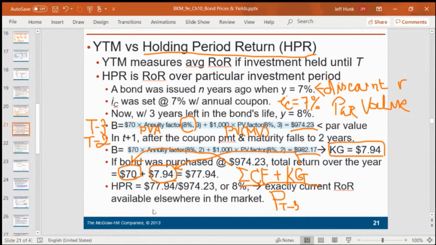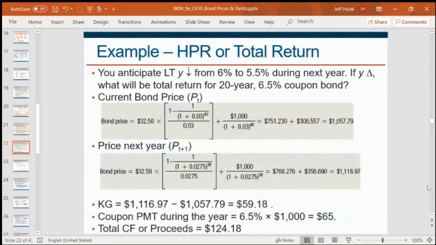If I solve this equation for the price at t minus 2, then you will get exactly 8%. So we use the discount rate, which is the internal rate of return. Obviously, if you solve it for the rate, you would get exactly the internal rate of return. Okay, so that's the holding period return.